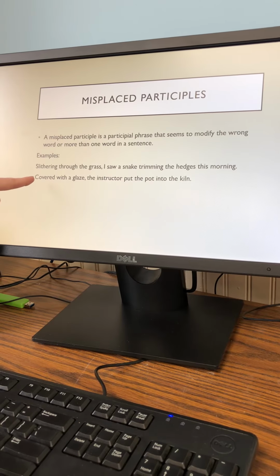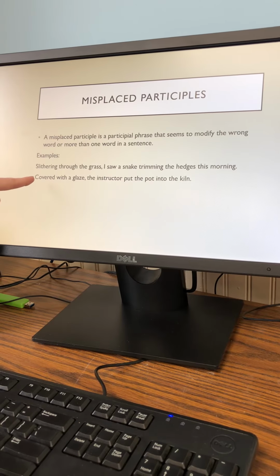Now, one more slide. A misplaced participle is different from a dangling participle. A dangling participle is a participle or a participial phrase that does not have anything in the sentence to modify. There's nothing that it can be describing. So obviously you don't want to use these because they don't make sense.